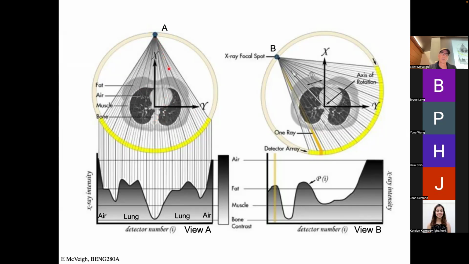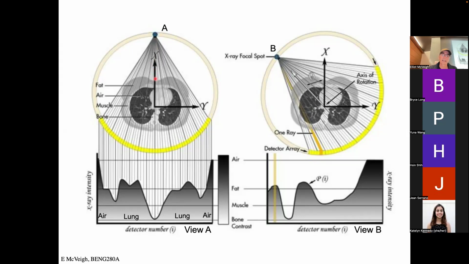X-rays are going to move through space along lines and hit the detector or not. X-rays that get absorbed in the patient don't hit the detector, and X-rays that just make it through hit the detector. So if you look at the X-ray intensity as a function of position along here, this will be called L, or you could call it detector number, we see that the X-ray intensity is very low for the X-rays coming straight through.